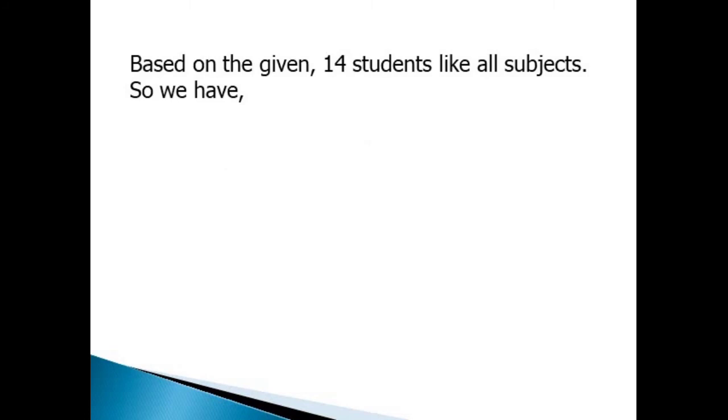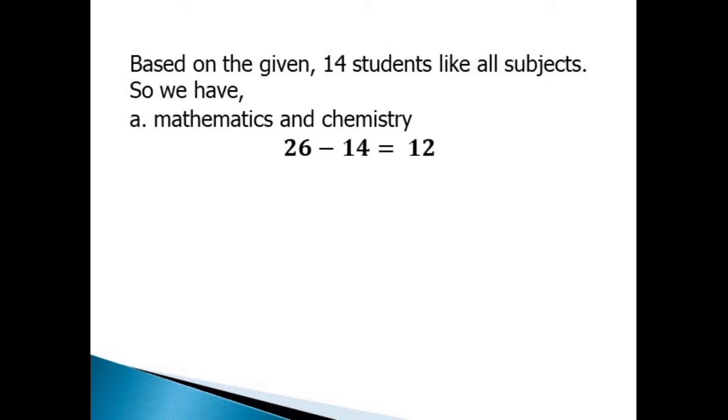Since 14 students like all subjects, let's find out how many students like mathematics and chemistry by subtracting 14 from 26. So the answer is 12. It means that 12 students like mathematics and chemistry.